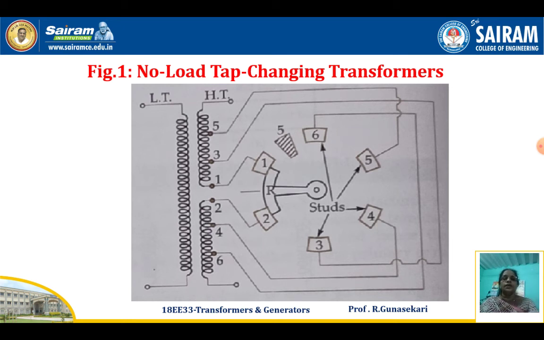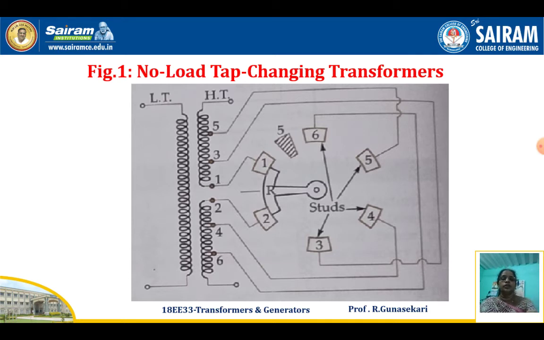Now you see the circuit: 2 to 3 means 2 is fully joined, but for 3, only the winding between 3 and the HT winding is included. Therefore 97.5% of the winding is in circuit.